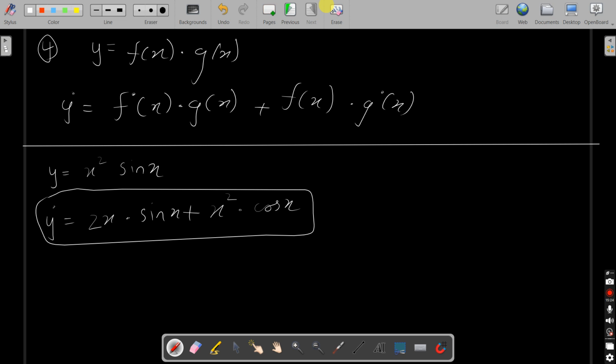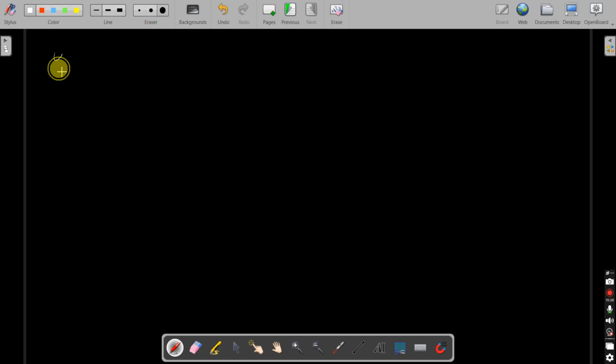One more question: if y is equal to e to the power x times ln x, find dy by dx.